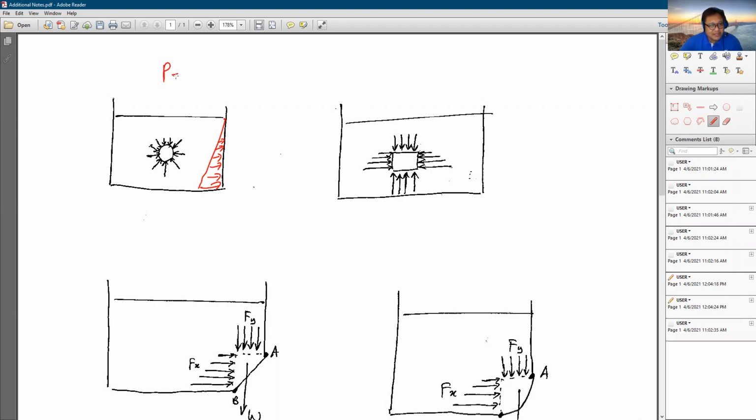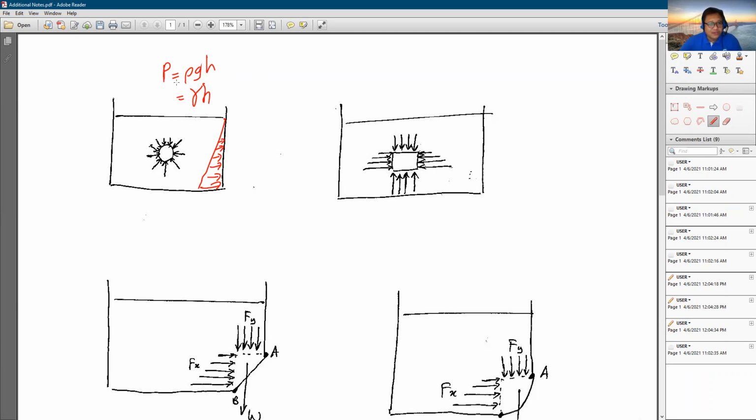Pressure is equal to rho g h, or you can also put it as gamma h, the specific weight times the depth or height of this particular water. That is the basic of it.